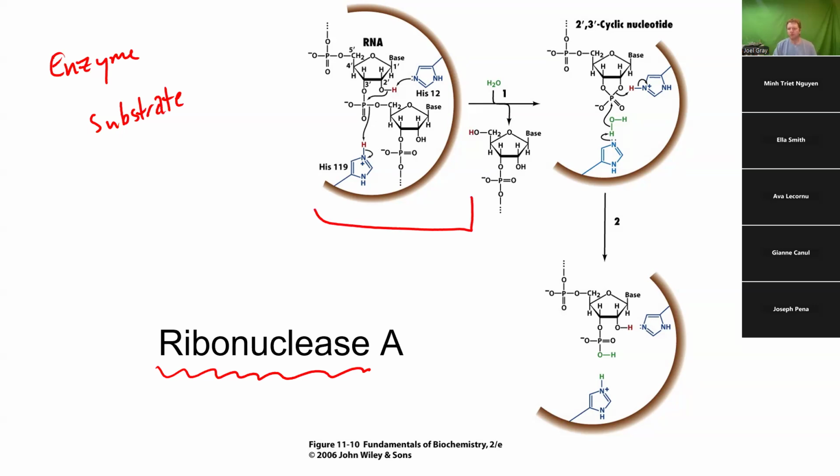Whenever you look at your first model, you need to be able to distinguish what is my enzyme? What are the amino acids that make up my enzyme? The active site residues that are important, and then what's my substrate? Now, it's a little bit tricky to see with this one because there's so much activity going on.